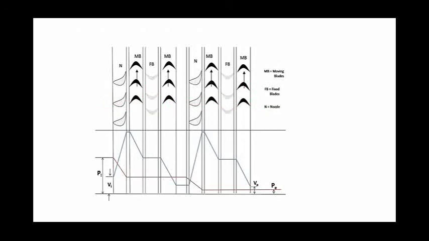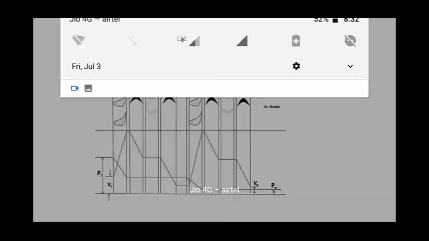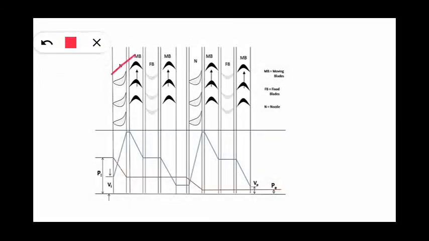So this is the combination of pressure and velocity compounding. Here this is nozzle, moving blade, fixed blade, moving blade, nozzle, moving blade, fixed blade, moving blade. Under the nozzle, pressure reduces, velocity increases. Under the moving blade, velocity decreases, pressure is constant.